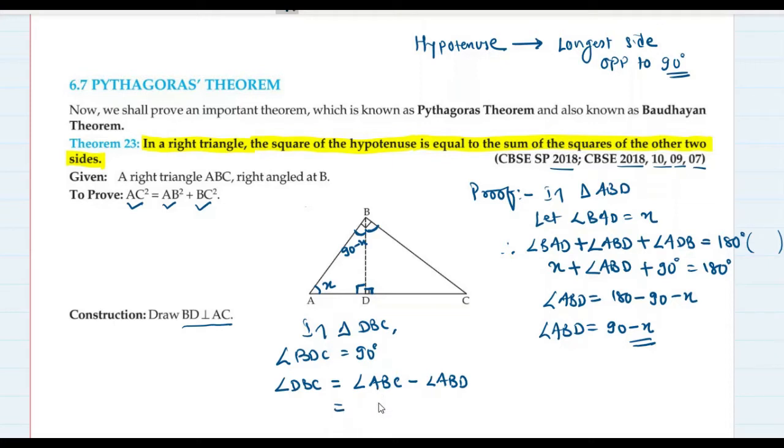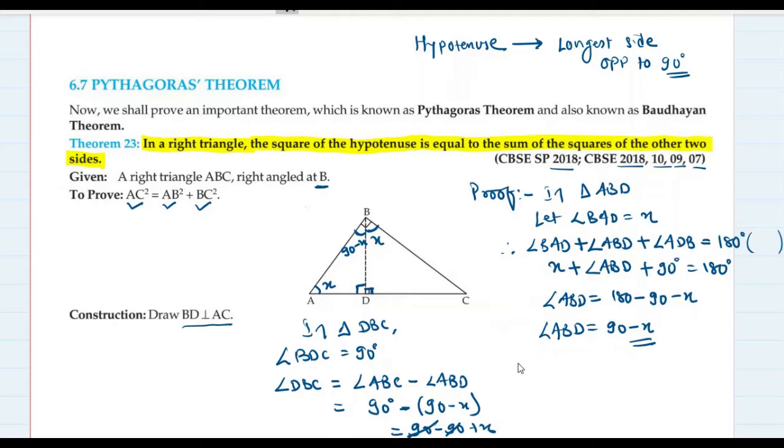Angle ABC is 90 degree. Why? Because it's given that ABC is right angled at B. And angle ABD, the small angle which we just found, is 90 minus x. So 90 minus 90 minus x, so this will be 90 minus 90 plus x. 90 minus 90 gets cut and we get this angle as x.